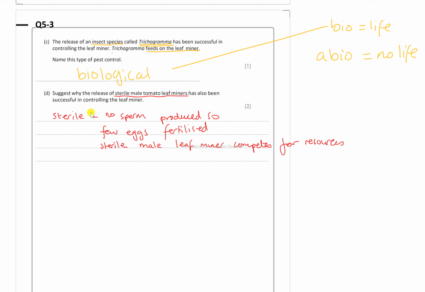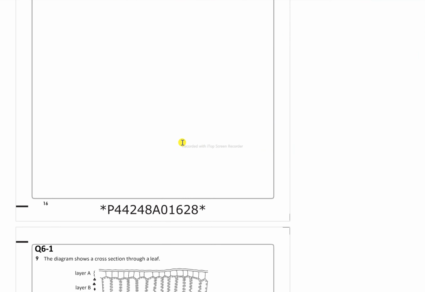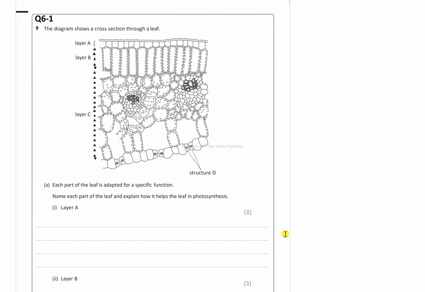So if you compete, then they don't get as much chance to mate and breed and produce offspring. Right, we're going to call it quits there. We're going to try that question next.